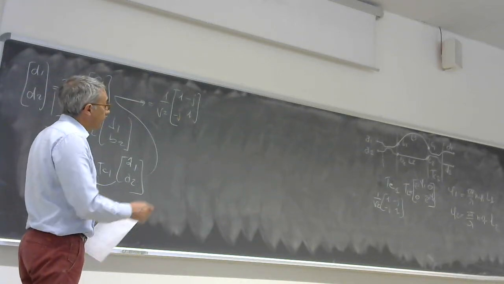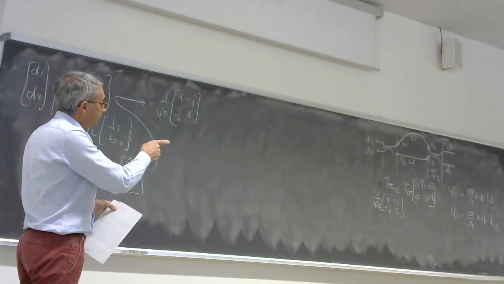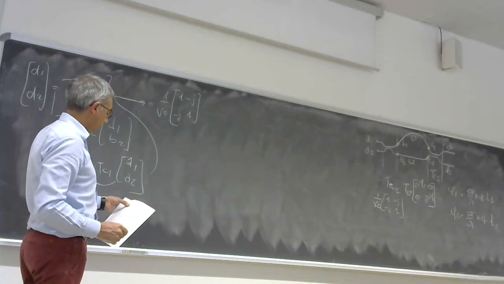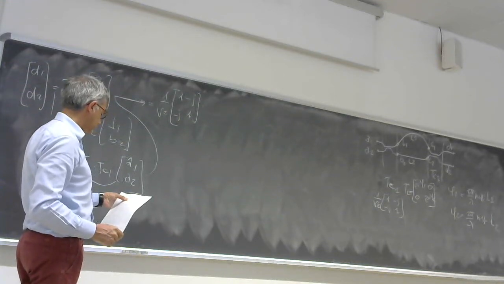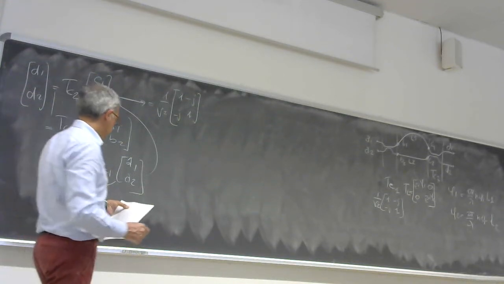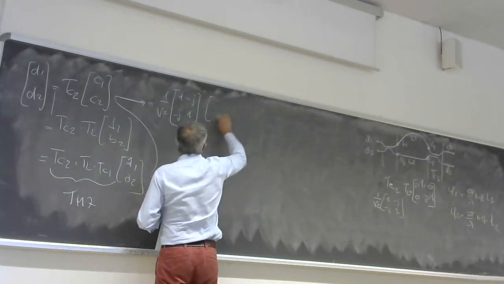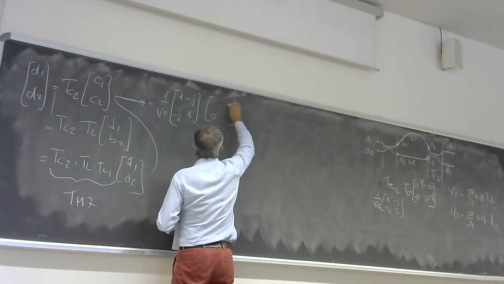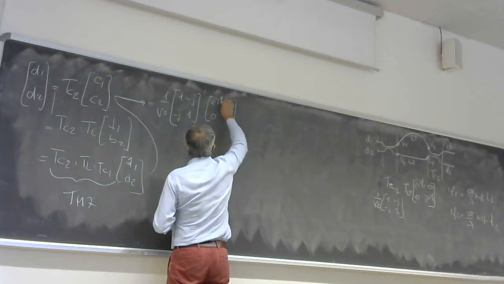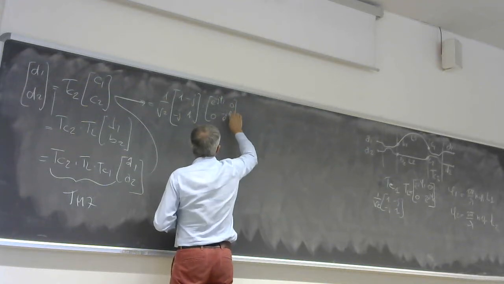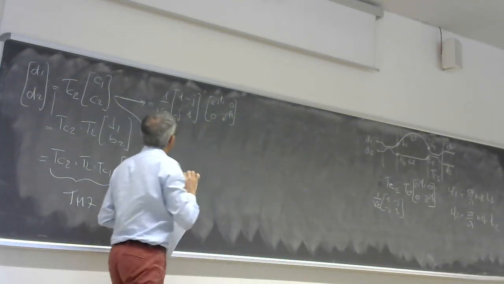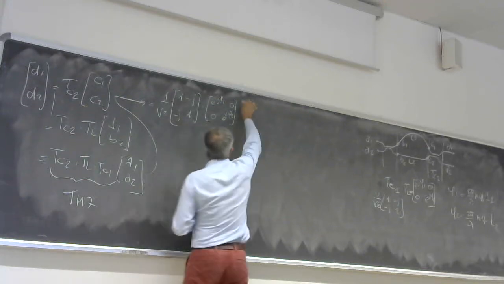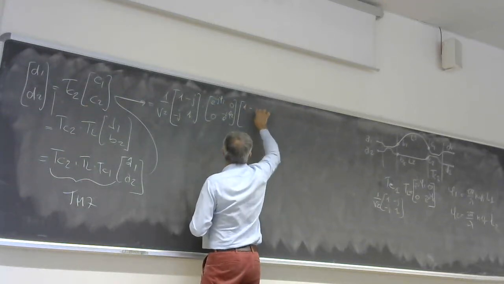Then you multiply by that one. Zero, zero. And then the last coupler.